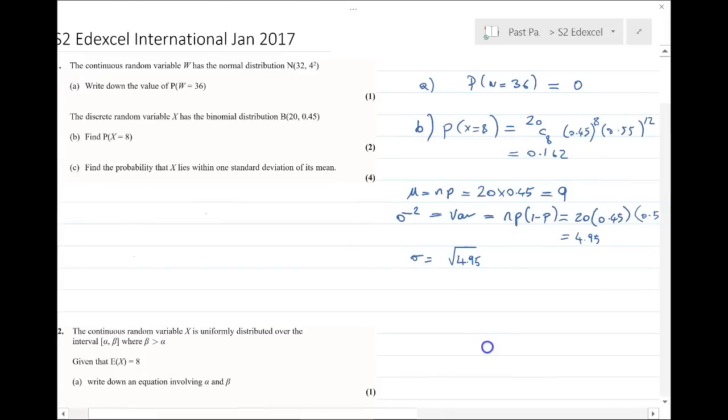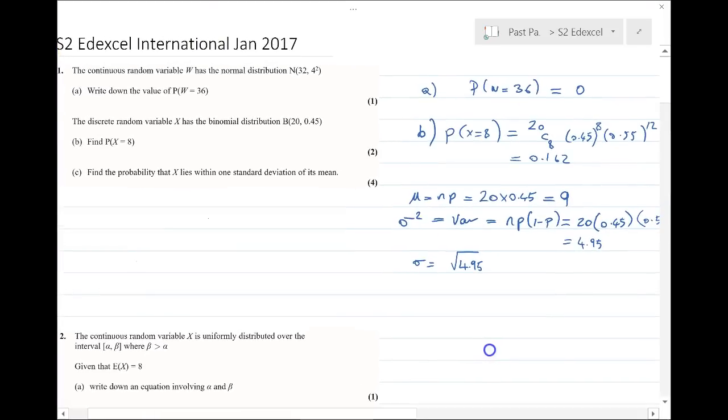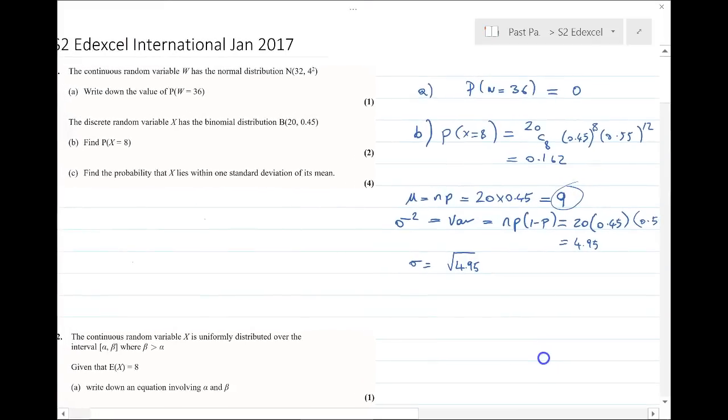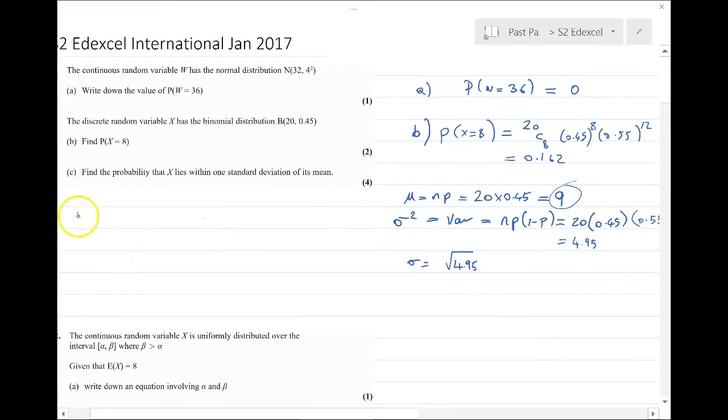Okay, so we want to know that it lies within one standard deviation of the mean. So that's 9. Let's work out the square root of 4.95 first. That's 2.22 or 2.2. So that's a probability that it lies between 9 minus 2.2 and 9 plus 2.2.